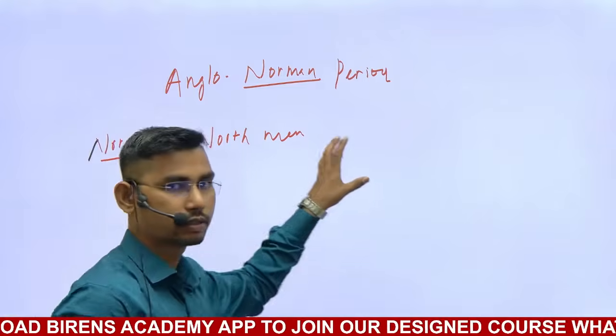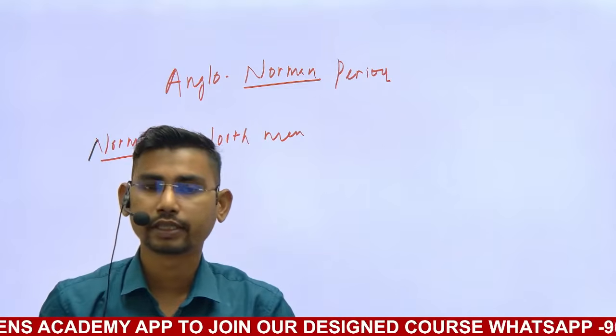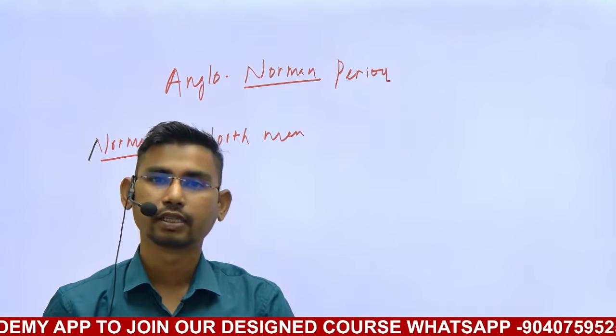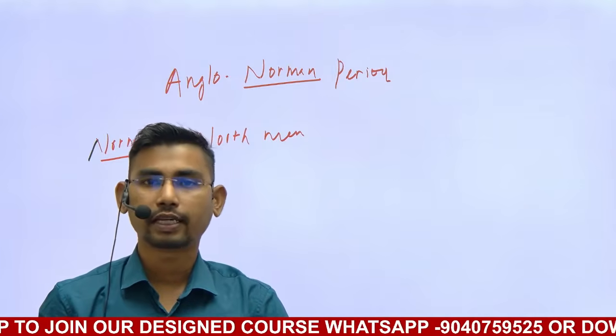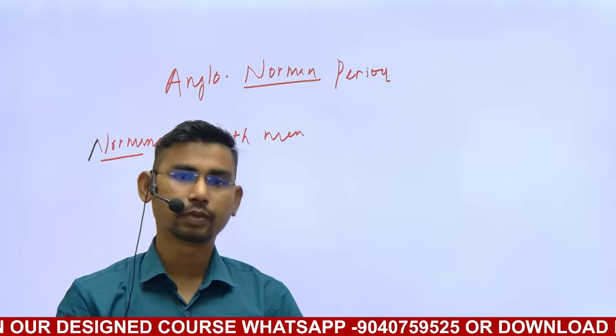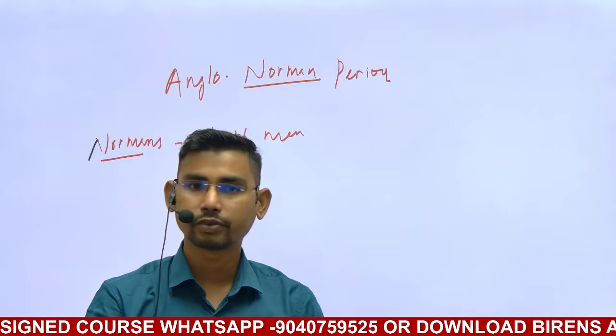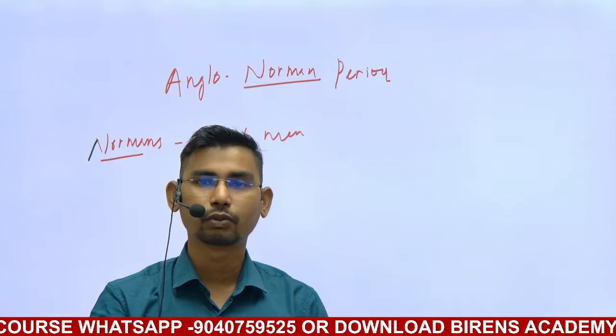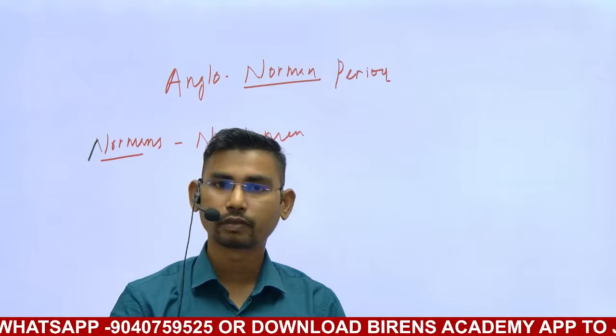These Normans came to the Anglo-Saxon land and started their colonies there. As they were stronger than the previous three Germanic tribes, they invaded the land and started ruling over it.